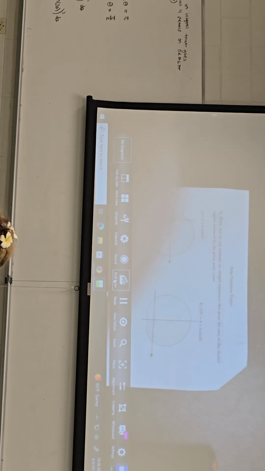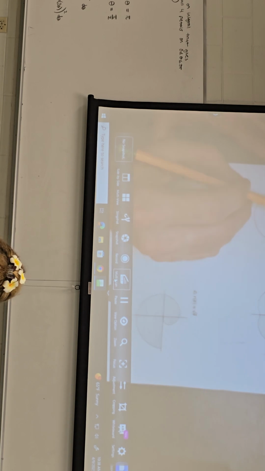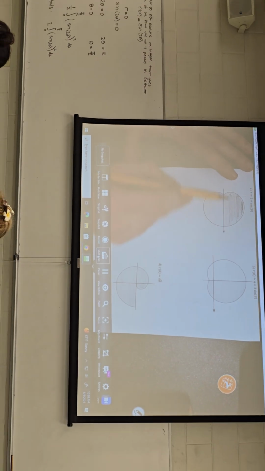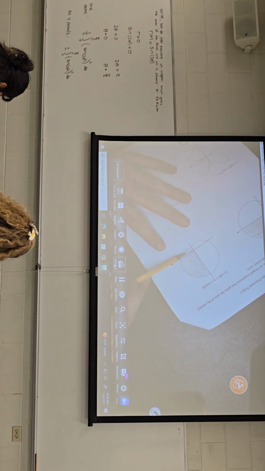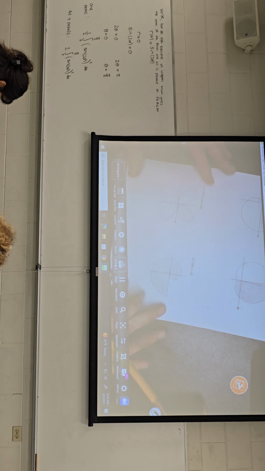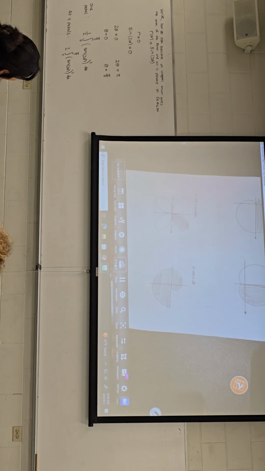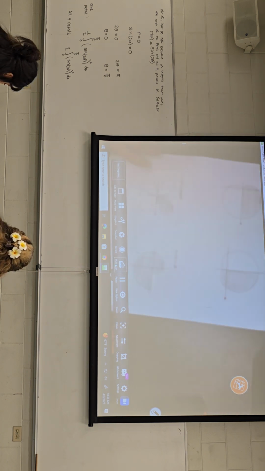These should be the shaded regions. I'm going to kind of mark heavy down and help us out. Can you go back to the first one? Yep.